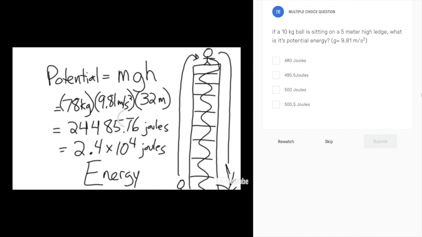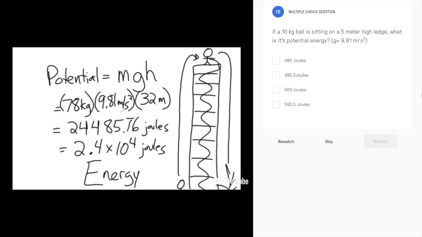You were right, 10 kilograms. In the problem, what is our gravity? Very good, 9.81 meters per second squared. In the problem, what is our height? Very good, it is 5 meters.